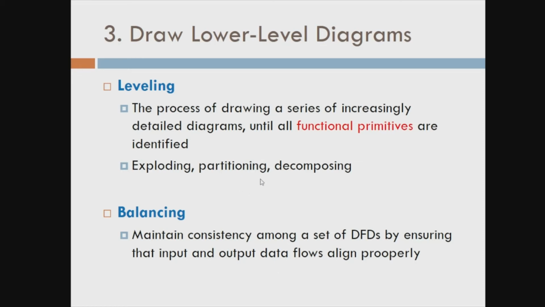So you can explode, partition, and decompose your processes. And then you do the balancing. In balancing, you maintain the consistency among a set of DFDs by ensuring that input and output data flows align properly, and you avoid leaving out a lot of the processes in your DFD diagram.